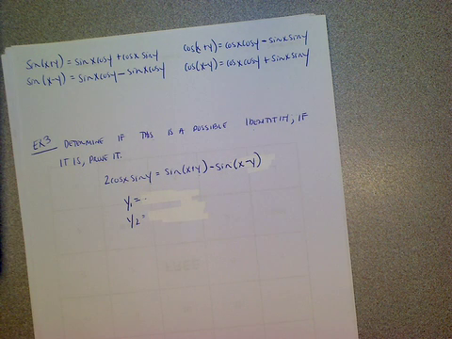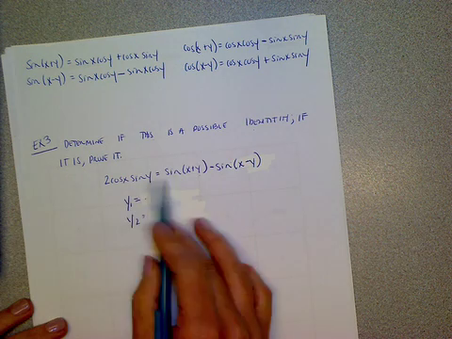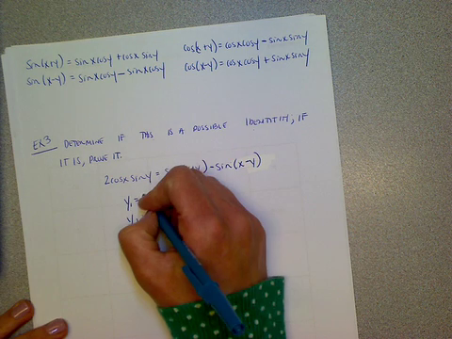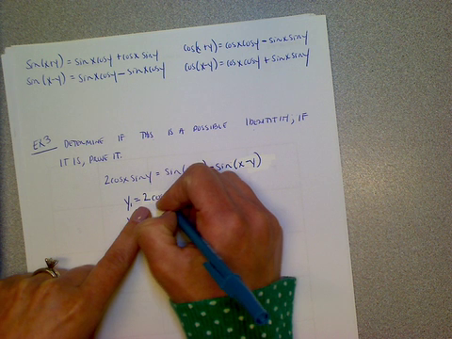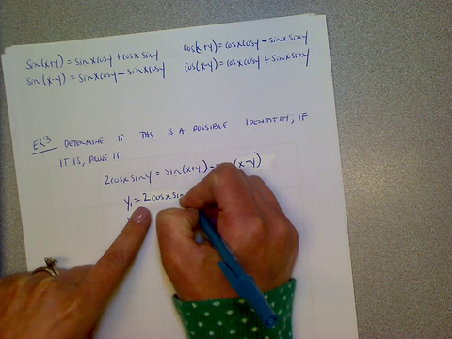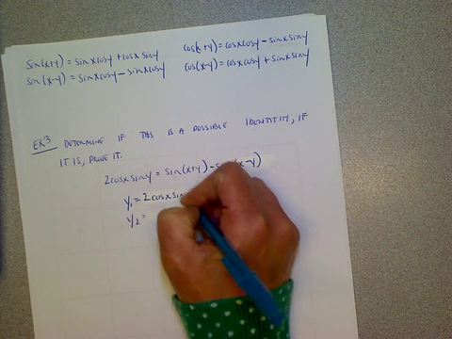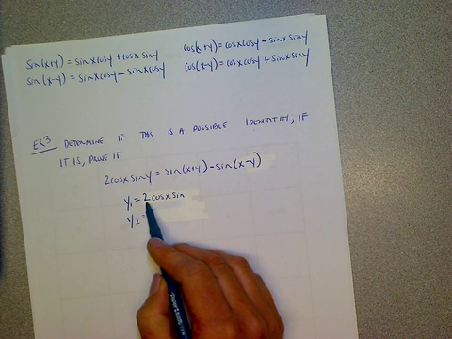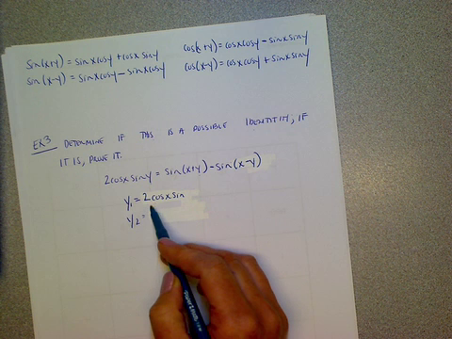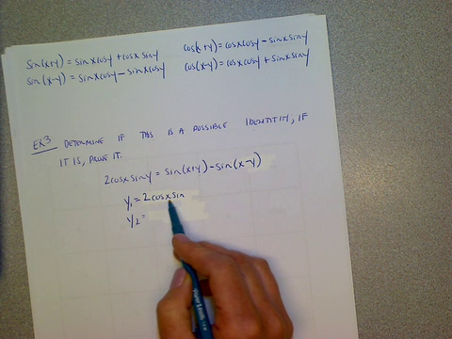To first determine if this is an identity, I'm going to take each side and graph it. Under y1, I'll type in 2 cosine x sine, but we can't enter y there. On our graphing calculators, it's only a single variable, so we can only input one unknown.